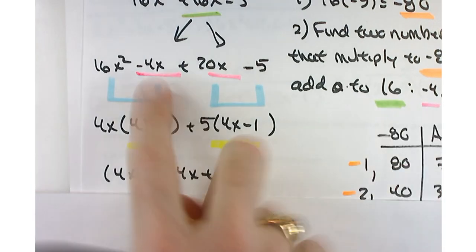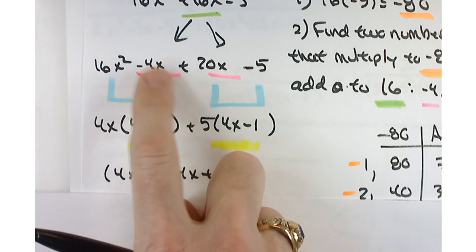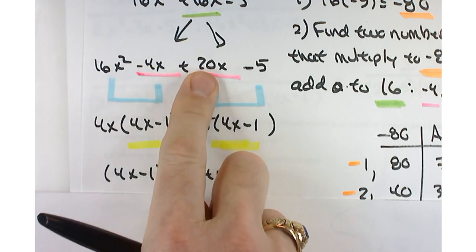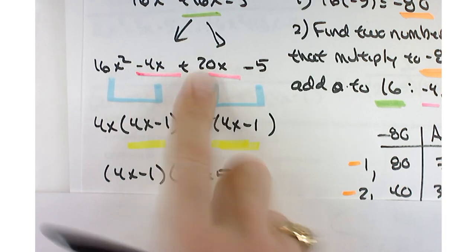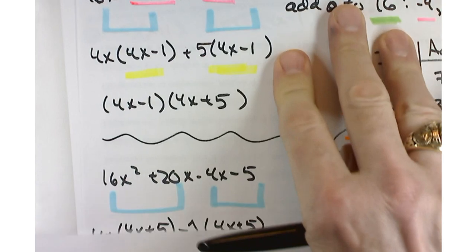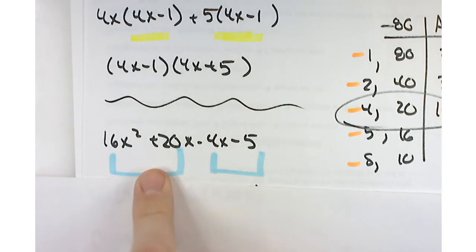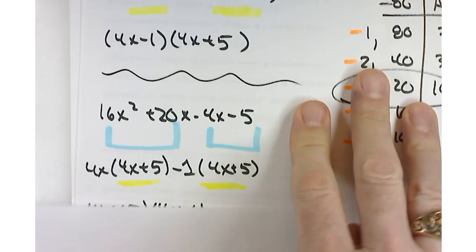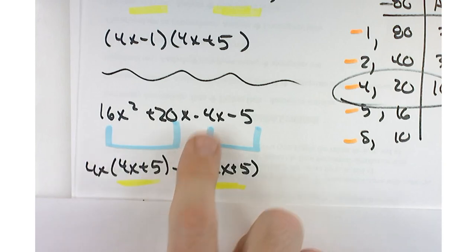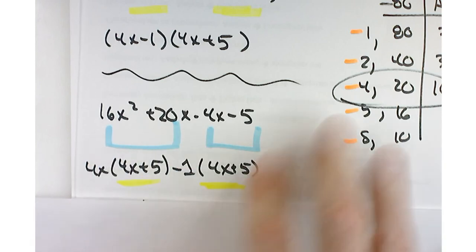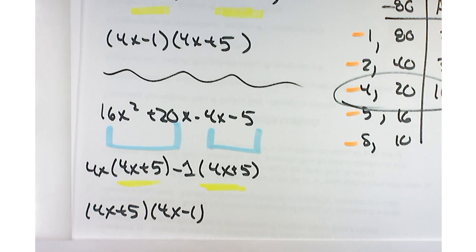If you're worried that, well, wait a minute, what if I put in 20x minus 4x? That's still 16x. Sure. If you do it that way, then you'll end up with something like this. 4x is a GCF here, negative 1's a GCF here, and it still finishes factoring.